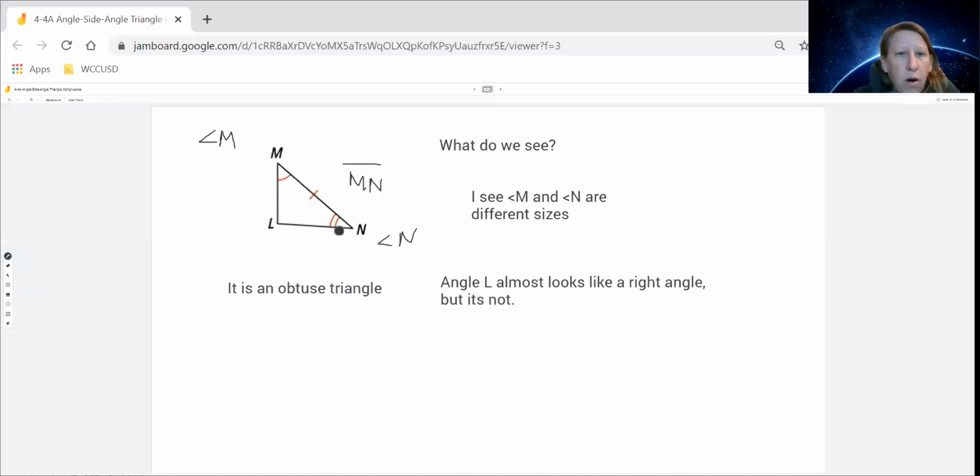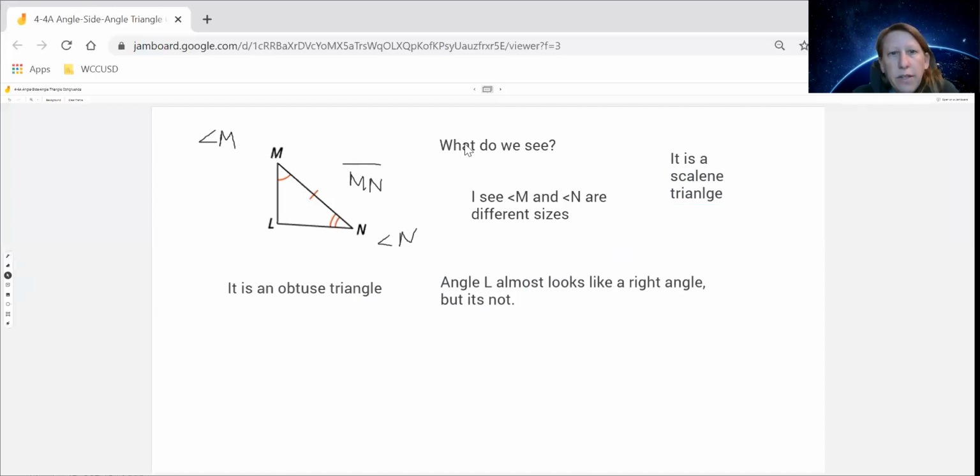I also know that these two sides are different because these two angles are different and the sides opposite are different. So I also know it is a scalene triangle. This is less important, but it is kind of interesting classifying what kind of triangle it is.